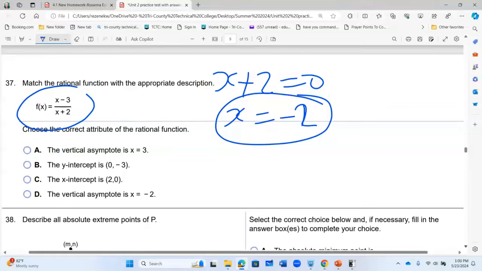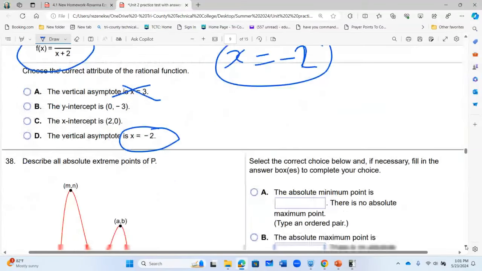Therefore, the vertical asymptote is at x equal to -2. Okay, choose the correct attribute of the rational function. The vertical asymptote is x equal to 3. No. The y-intercept is at, not going there. The vertical asymptote, okay, this is the correct one. All right, so we're not going to waste time on that.